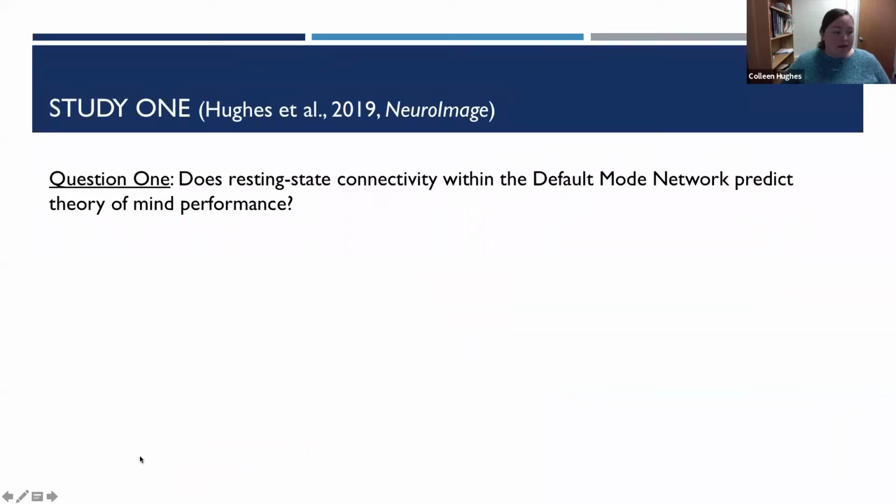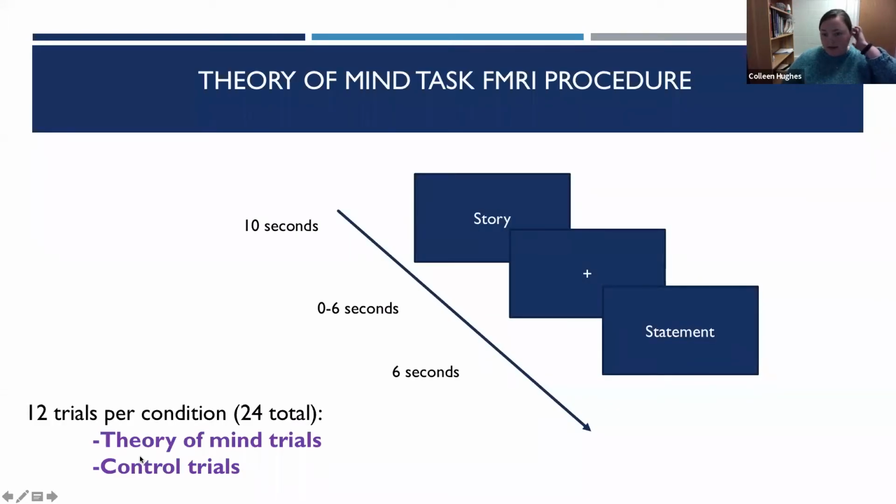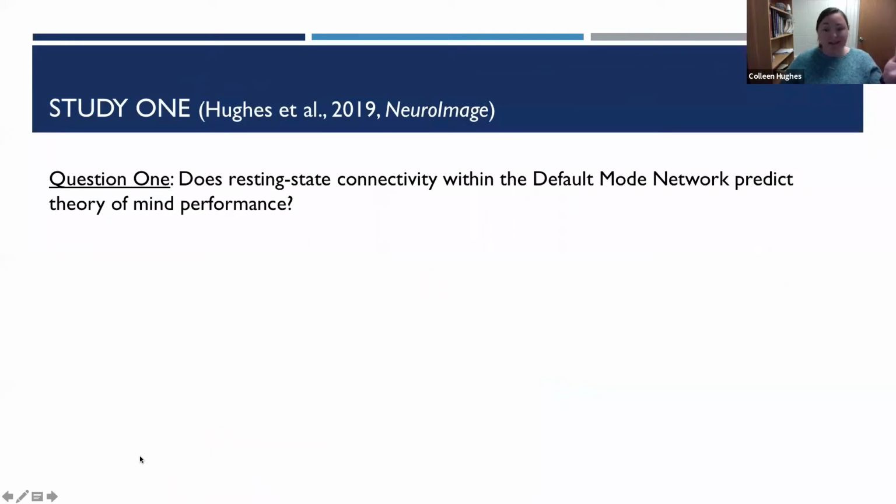So in our first study, we were interested in establishing whether resting state connectivity within this default mode network predicted theory of mind performance on this task scan. And the reason why we were interested in rest is that there are really robust age differences at rest.